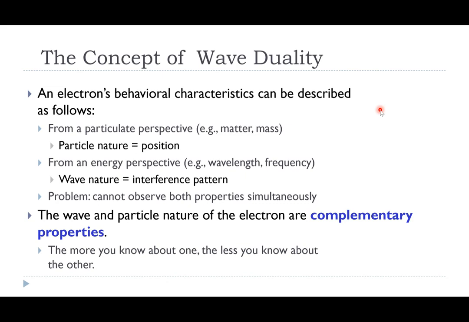So what we needed was this new realm of physics that could encompass both of these natures into one. So we needed another category of physics that maybe wasn't so easy to predict things in.